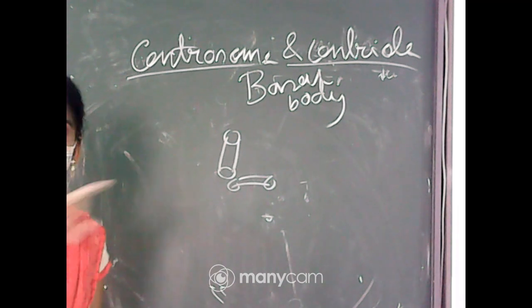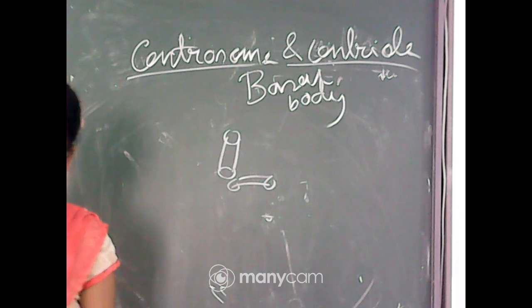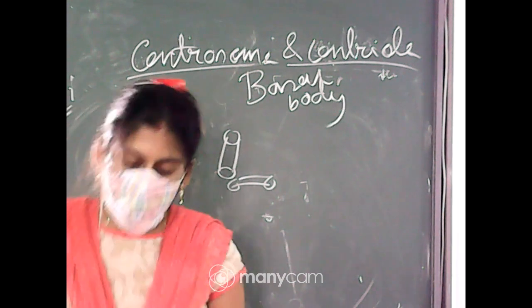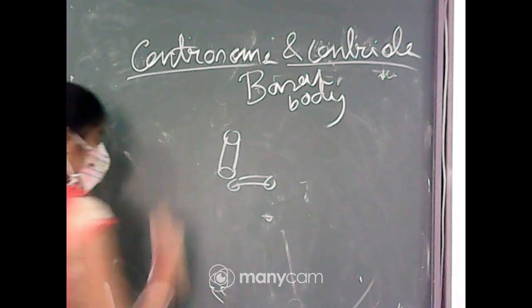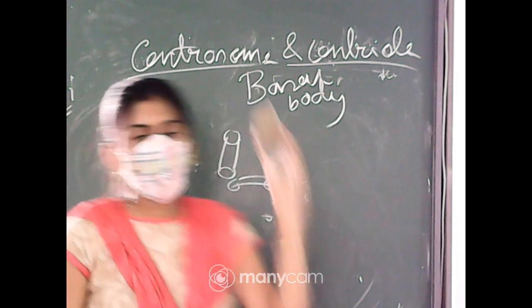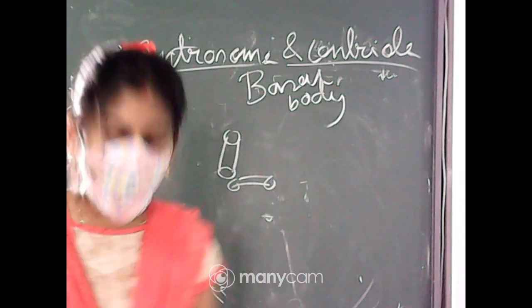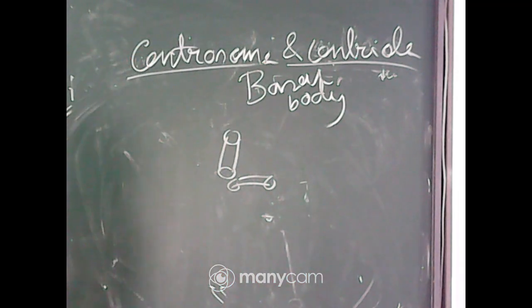These centrioles are surrounded by an amorphous pericentriolar material. We can say that the two centrioles are perpendicular to each other.